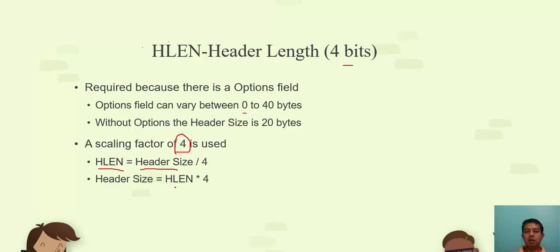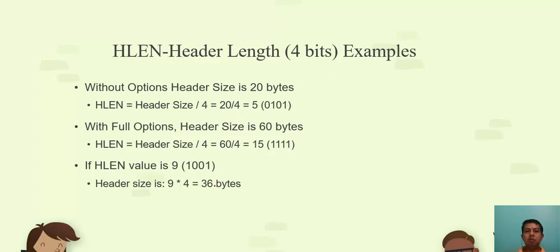Alternatively, if the value of HLEN is given, we can find the total header size or the header length just by multiplying it by a factor of 4. So, for example, these are different HLEN values. If I have no options field, then the header length is 20 bytes. Now what will be the value of HLEN?